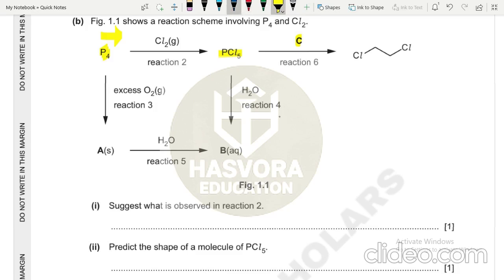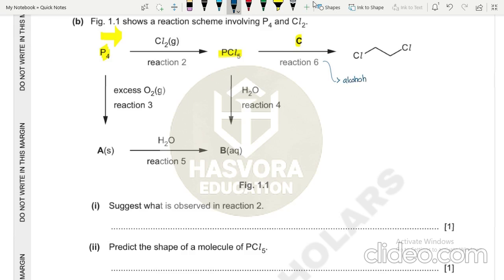So what can we see? If this is forming dichloroethane upon the addition of PCl5, it means that this compound C can be an alcohol.